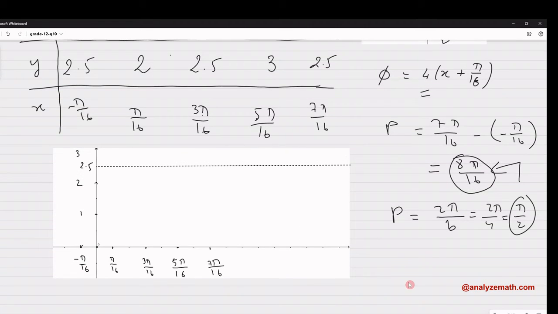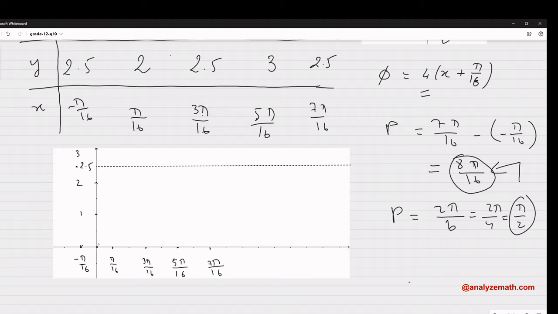So now we just put the values. For x equal negative pi over 16, y equals 2.5, somewhere here. Adding one quarter of the period, pi over 16, gives me 2.